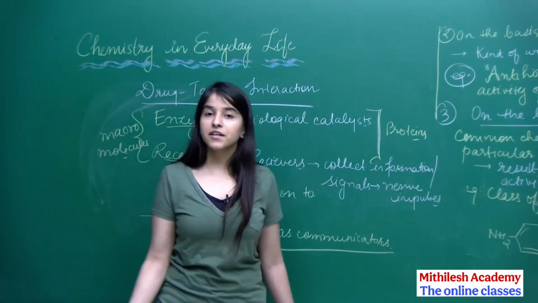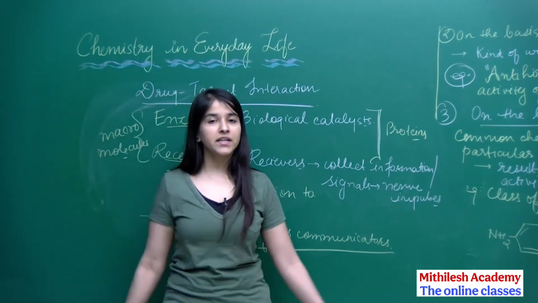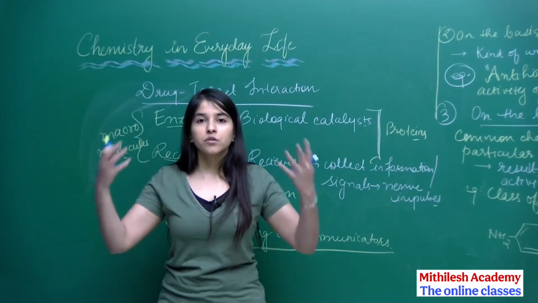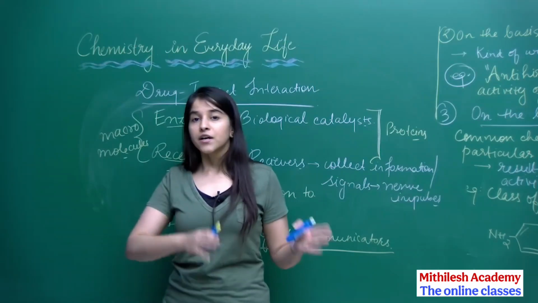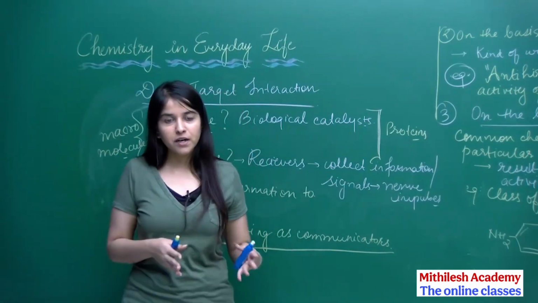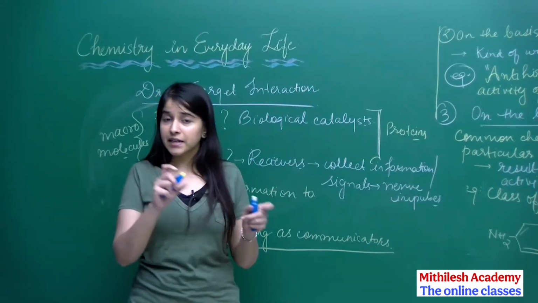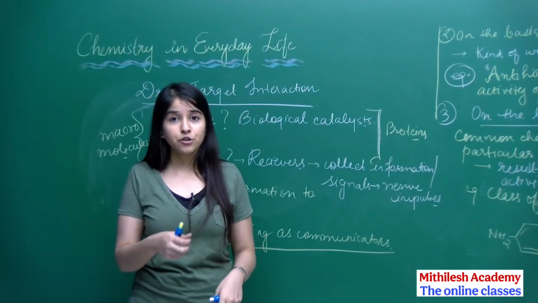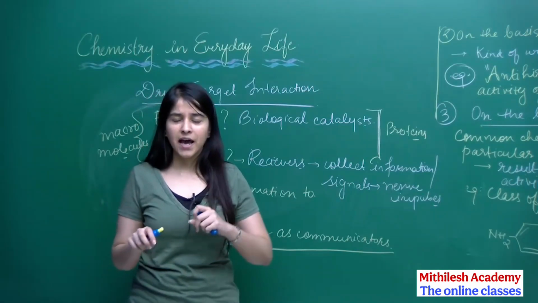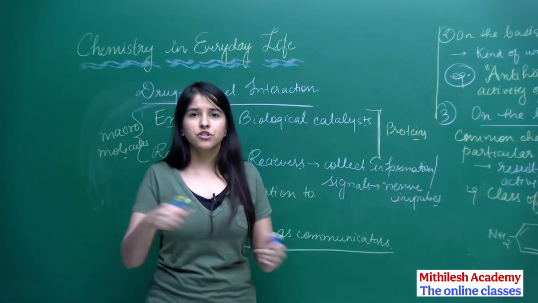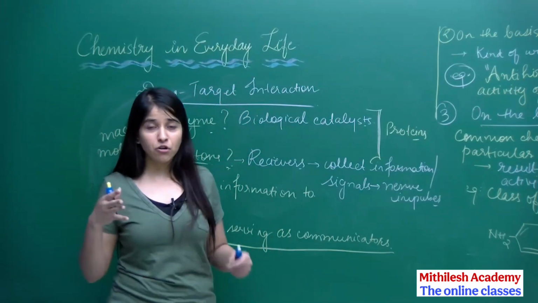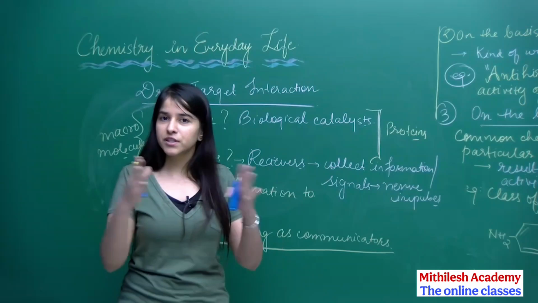Who can imagine, if we did not have receptors in our body, I could not feel heat, I could not feel itching, I could not blink my eyes. Receptors transmit the information within our body that there is itching in an area, so I need to scratch it, or that heat has been received on the body, so I need to remove my hand from that object. All this instant information is passed on within the body.